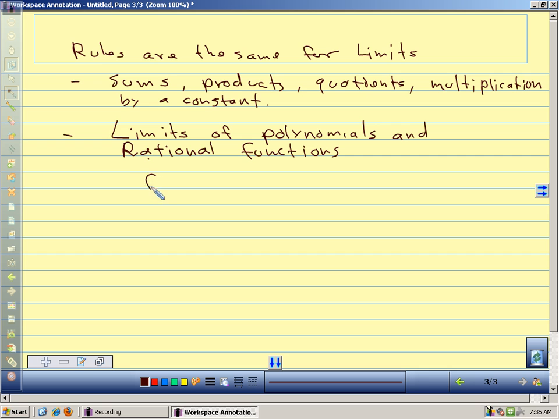So if we have f of (x, y), the limit as (x, y) approaches (x0, y0) is just the value of the function at (x0, y0), as long as the function is defined there. So polynomials and rational functions behave nicely when we're looking for limits. That's going to be an important one to remember.